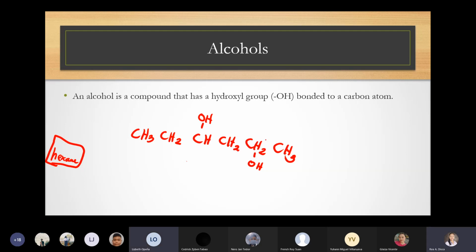Again, rule natin, 2 and 4, ma'am. Okay, that is 2 and 4, ma'am. 2,4 hexane diol.